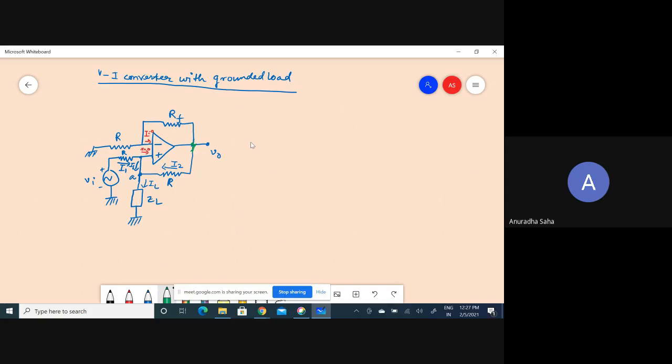So now if I apply KCL at node A, what should I get? We get I1 plus I2 equal to IL. Can you see this? If I apply KCL at node A, I1 plus I2 equal to IL. So what is your I1?